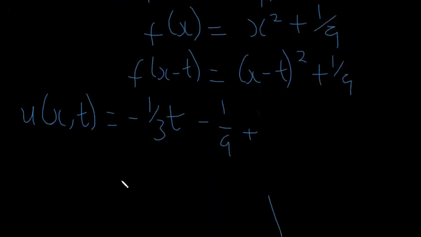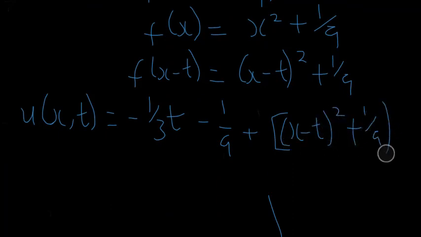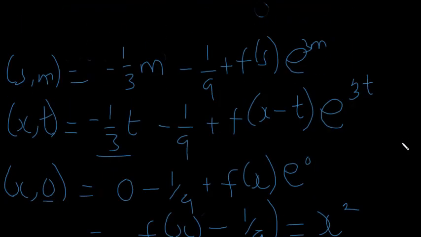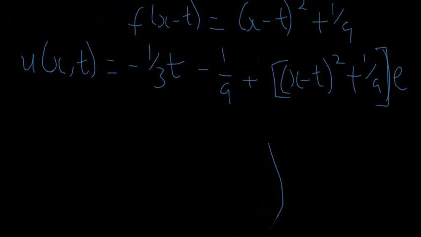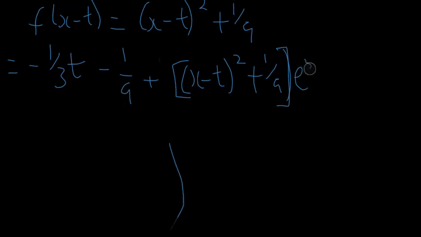So I'll be getting x minus t all squared plus 1 over 9 multiplying e to the power 3t. Alright. So this is the solution to the differential equation you have here.